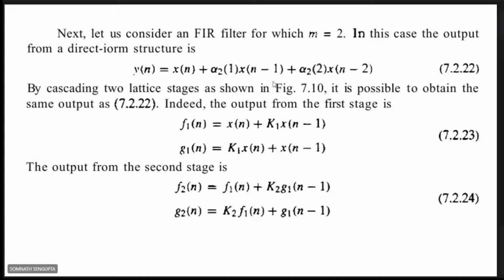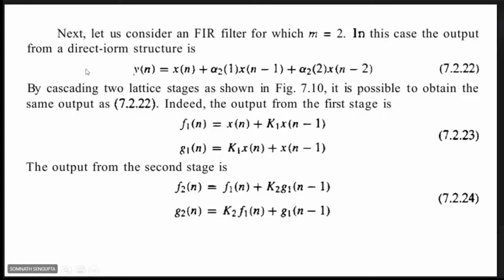In that case, yn is equal to xn plus alpha 2 1 xn minus 1 plus the second coefficient alpha 2 2 x of n minus 2. These are your filter coefficients. There are many values of alpha, but the coefficients will be different for each individual stage.